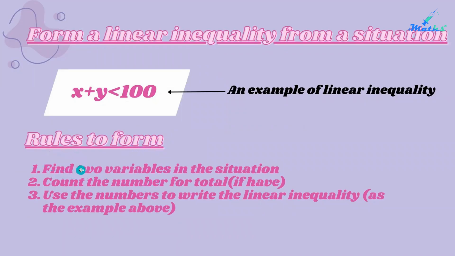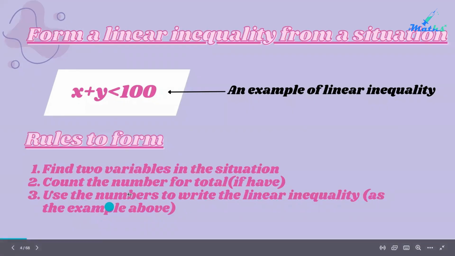Step 1 is to find two variables in the situation, which are x and y. Next, we count the number for the total if there is one. If not, we just use the given number. Next, we use the numbers and the variables to write the linear inequality like the example above.